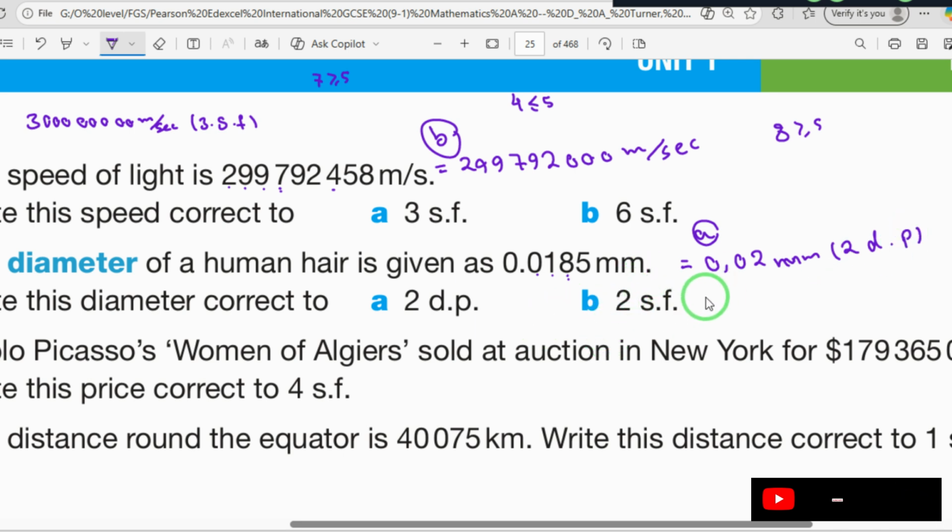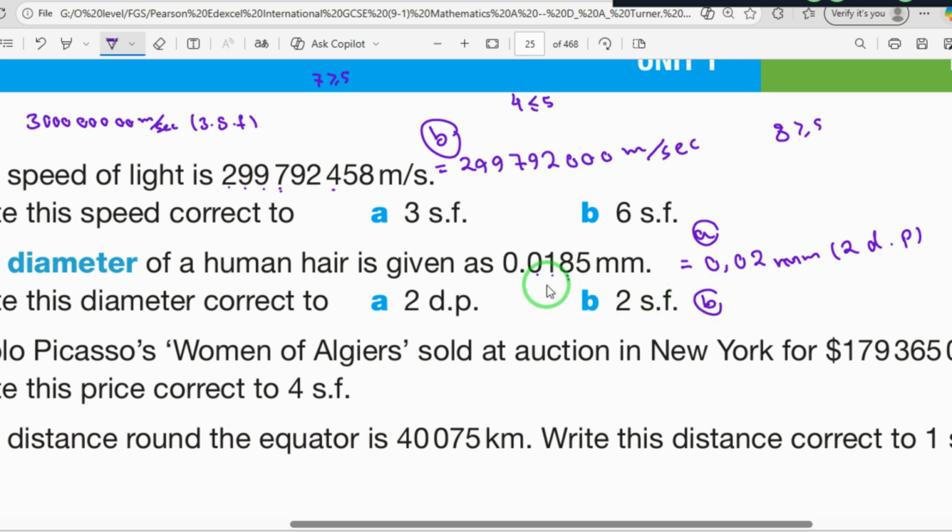And part B said 2 significant figures. So here we write 2 significant figures. We count 2 digits from the first non-zero digit.